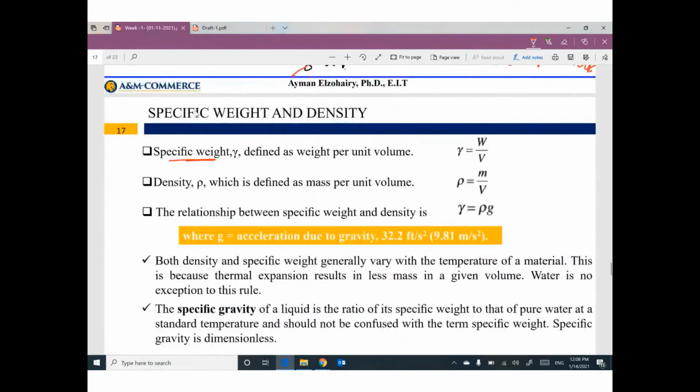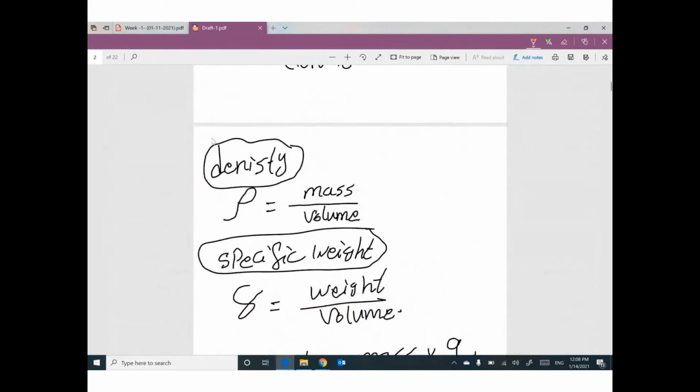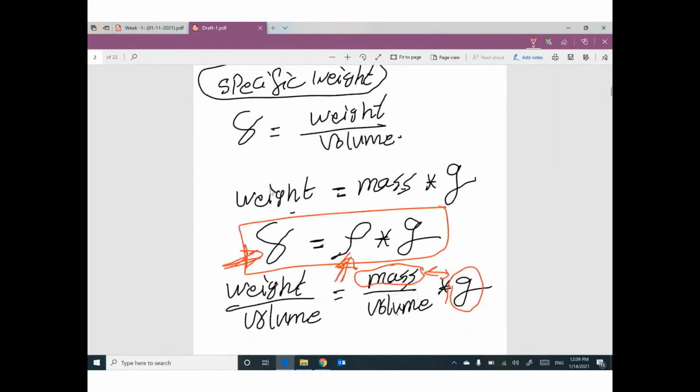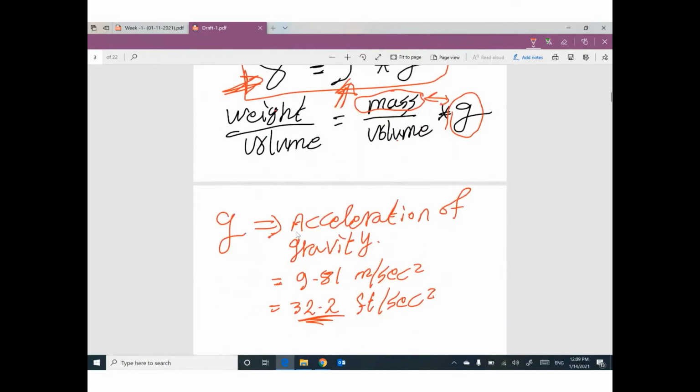So this is the summary of this slide. We have something called the specific weight. If you would like to write something from here, density equal mass divide volume, specific weight, gamma equal weight divide volume, the relationship between weight and mass, weight equal mass times G. So the relationship between unit weight or specific weight and density, gamma equal rho times G. G is the acceleration of gravity equal 9.81 meter per second square or 32.2 feet per second square.